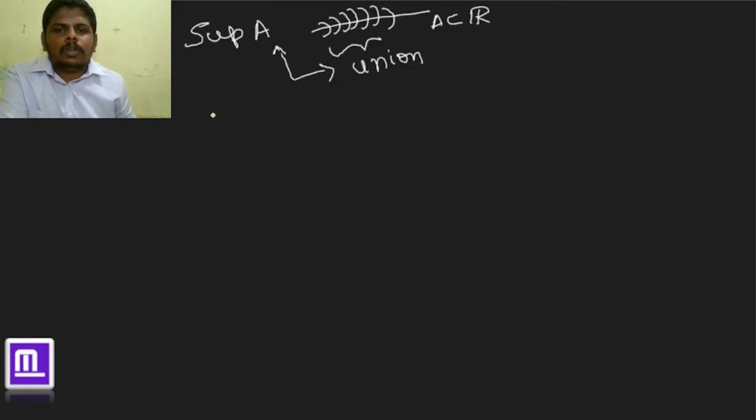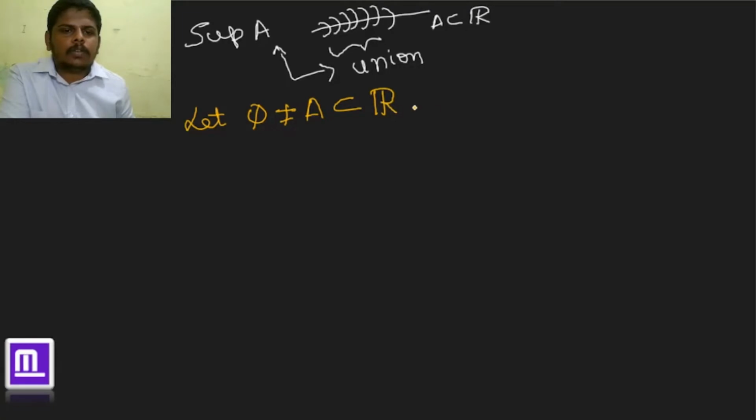Okay, so let A be a non-empty subset. Of course, we want non-empty. Okay, non-empty subset of R, and assume beta as an upper bound. Why assuming?